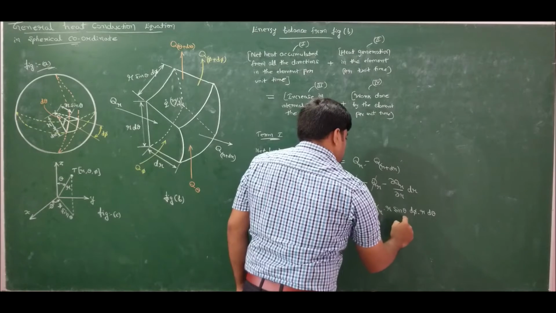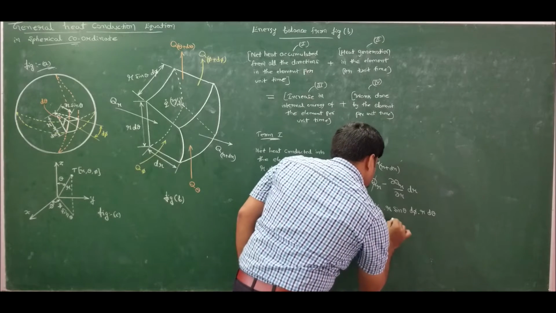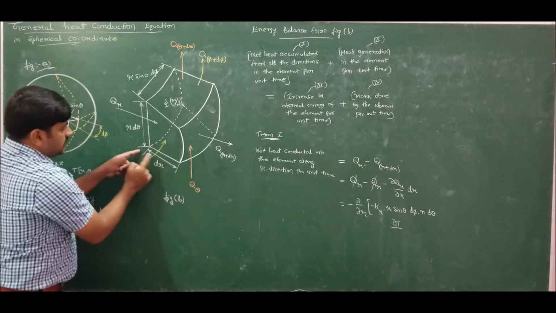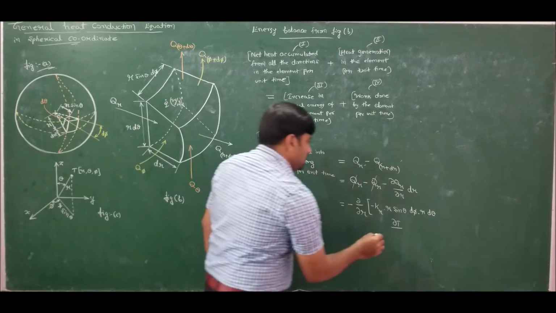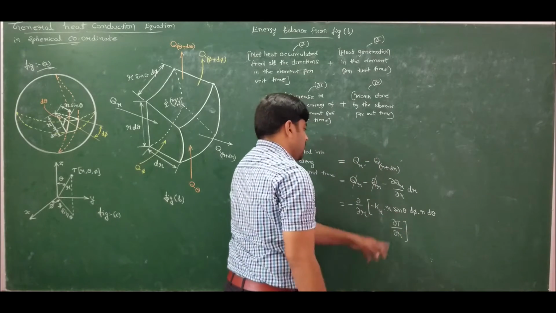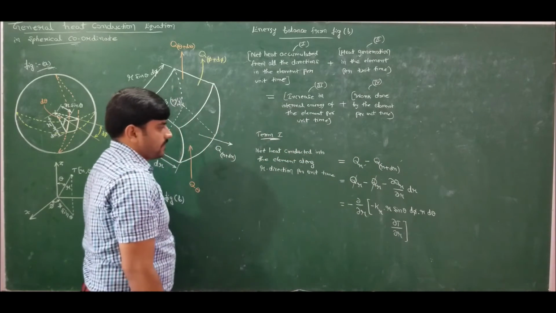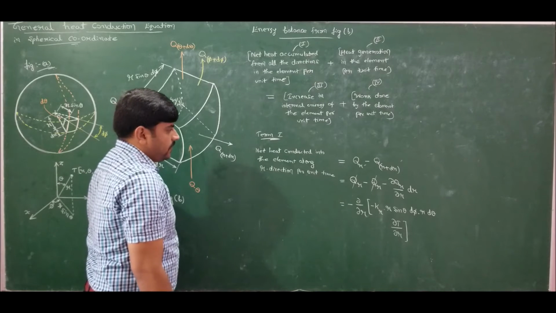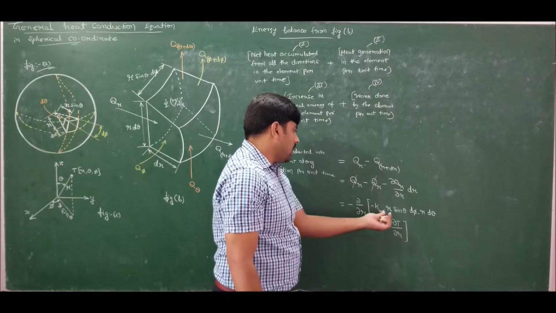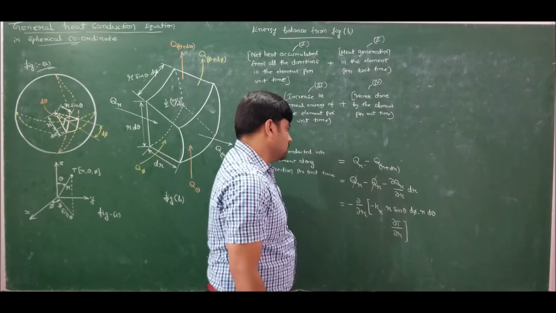So minus k A dou T by length. So length is dr in the r direction. It is dou r. So minus k A dou T by dou r. Now if I simplify, we are solving with respect to r, so keep r inside and take all other terms outside.